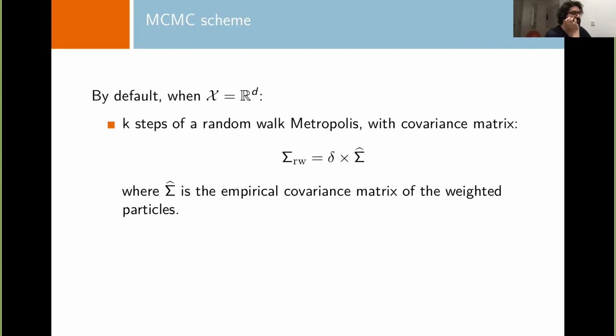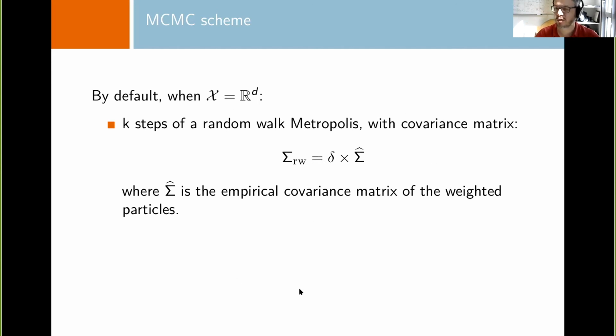Right. And to give you a practical idea of what we can do, you could do random walk Metropolis every time. But of course, in the acceptance ratio, you use the density of pi t-1. And you can calibrate the covariance matrix of the random walk according to the empirical covariance of the particles, right? Again, this is just a basic recipe which is very down to earth.